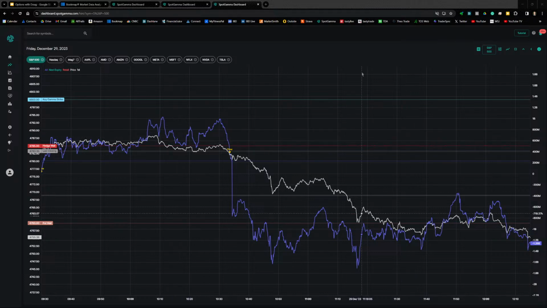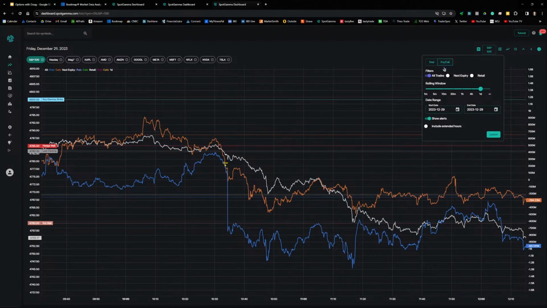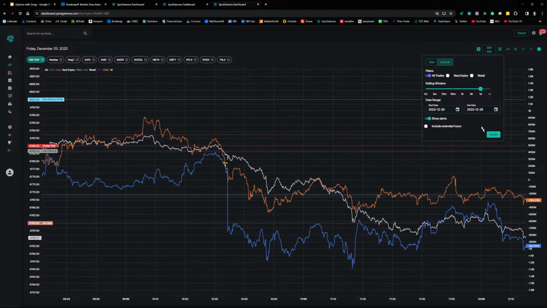All right, so this is showing the total hero signal, and let's separate out puts and calls to get a closer look and see what traders were doing. So the orange line is showing calls, the blue line showing puts.